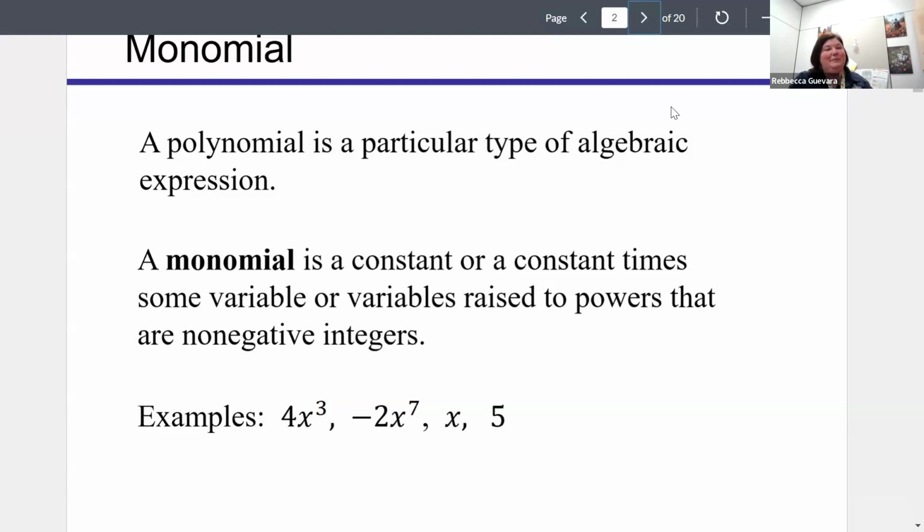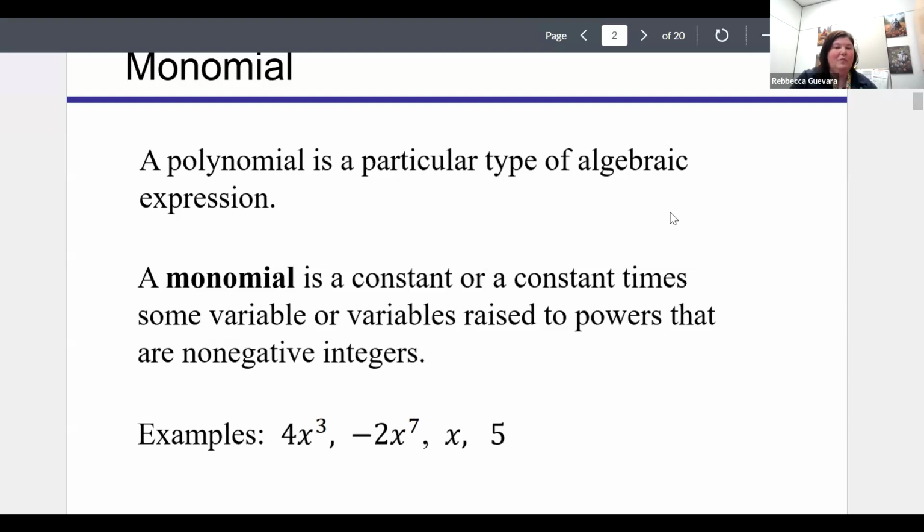A polynomial is a particular type of algebraic expression. A monomial is a constant or a constant times some variable or variables raised to a power that is non-negative.